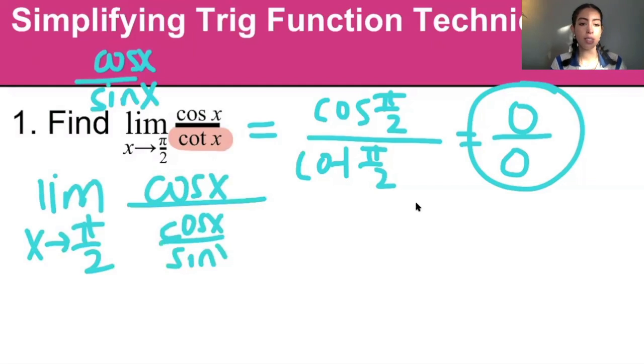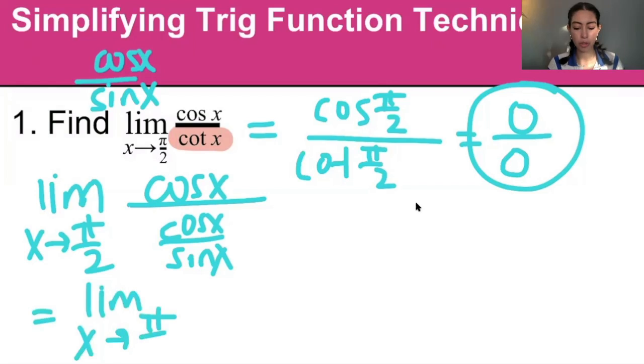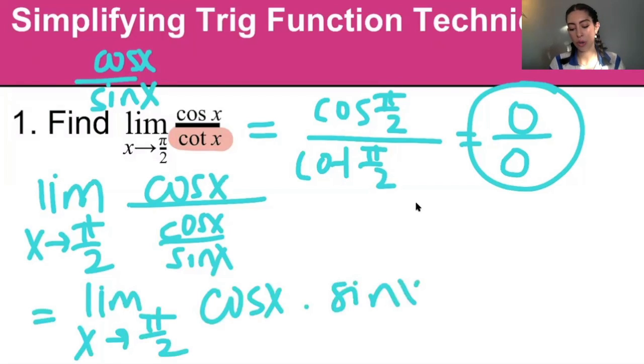over sine x. So I've replaced that cotangent, and now what I can do is take the numerator and multiply it by the reciprocal of the denominator, and that's going to be the limit as x goes to pi over 2 of cosine x times sine x over cosine x.